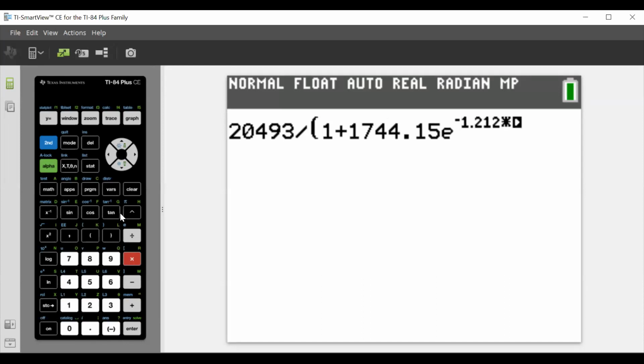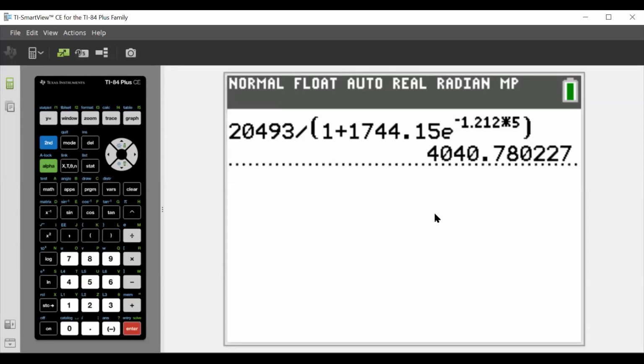Let's plug in 5 first, put a parenthesis, and hit enter. The first one gives us 40.78. Let's write it out to the 0.78 to see where we're at.